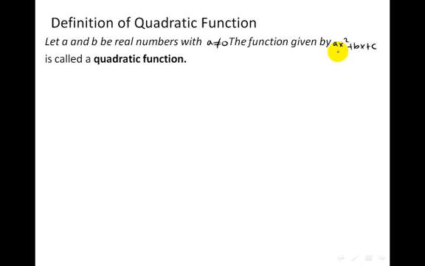So the function that is given by f of x equals ax squared plus bx plus c, this type of function is called a quadratic function. I think you are already familiar with what quadratic functions are.